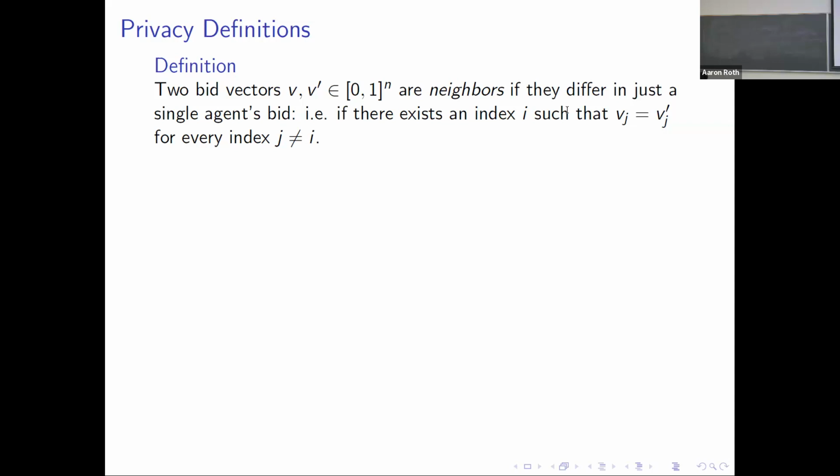Everyone else's bids remain the same in v and v prime, but for person i, their bid might have changed. Think of it as everyone else bidding however they're going to bid, and in bid vector v, person i tells the truth and bids their true value. In bid vector v prime, they've lied, they've deviated in some way, but that's the only difference. If we've got two bid vectors like this that differ in just a unilateral deviation in one person's bid, let's call these bid vectors neighbors.